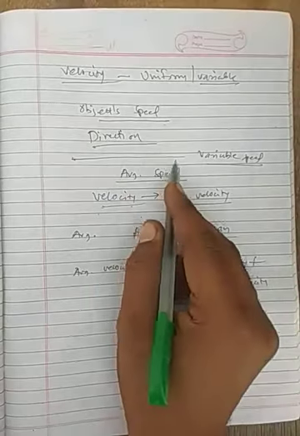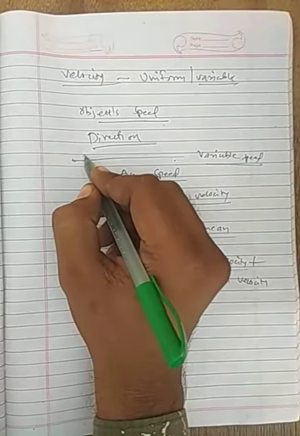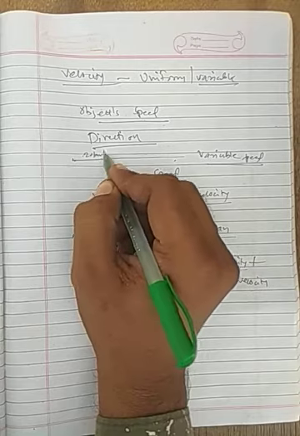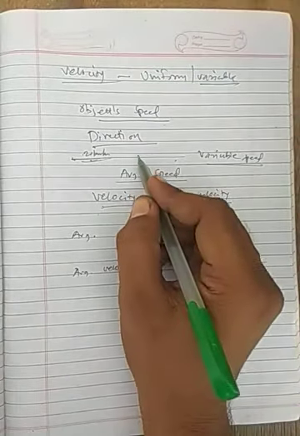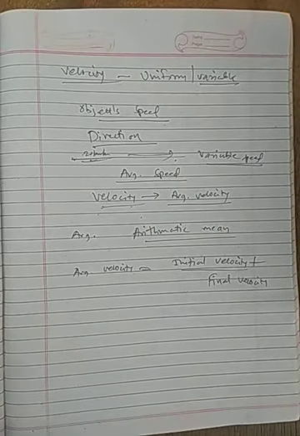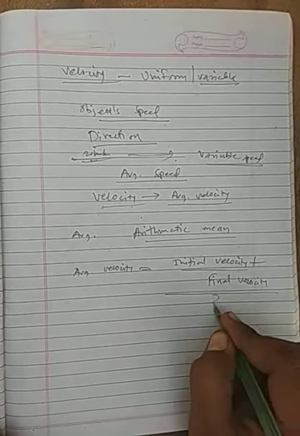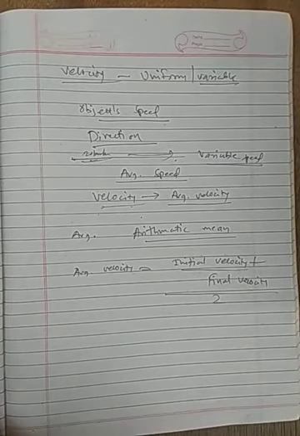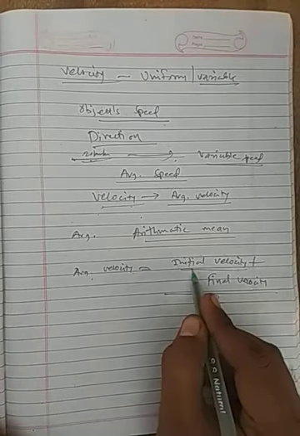Once it is moving on the straight line, here it started with the speed of 20 km per hour, so velocity will be initial velocity plus, once it reaches a uniform speed, that is final velocity, upon 2, means it is arithmetic mean. Average velocity is equal to initial velocity plus final velocity upon 2.